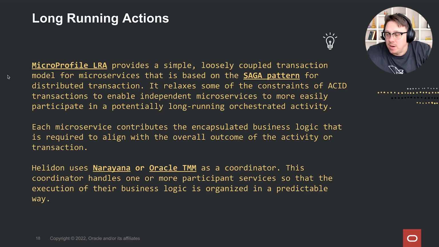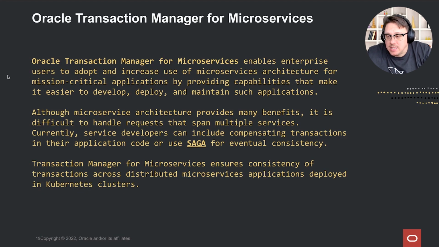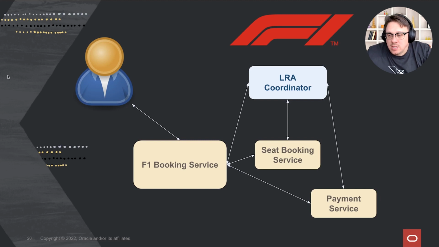But the main idea is that Oracle TMM has to be released quite soon, as Oracle's solution, to provide you transactions of distributed microservices, once again, following the Saga pattern and following the MicroProfile LRA specifications.